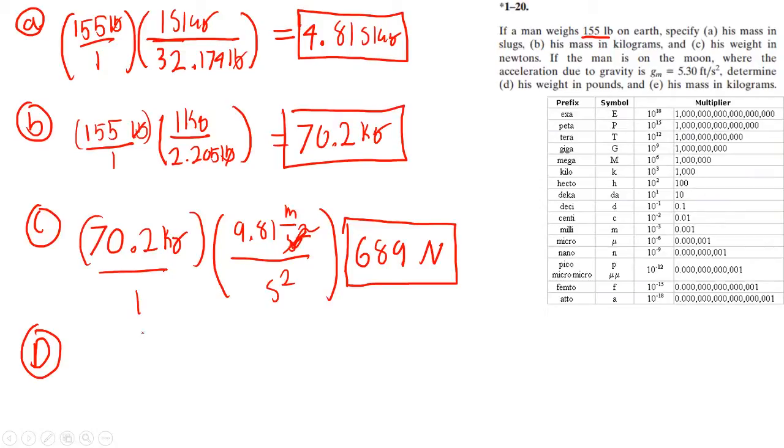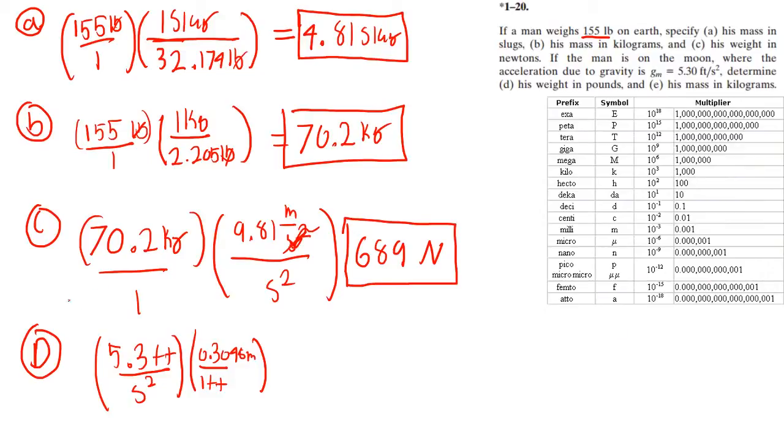So first off, let's convert the 5.3 feet per second squared into meters per second squared, something not so stupid. In 1 foot, there are 0.3048 meters. So all we're going to do here is multiply 5.3 by 0.3048.